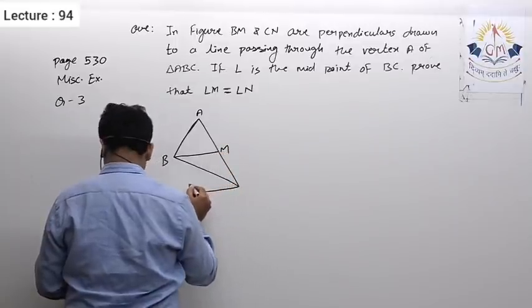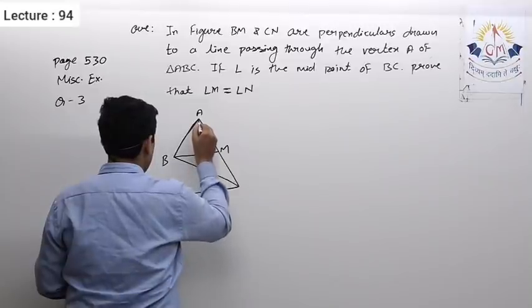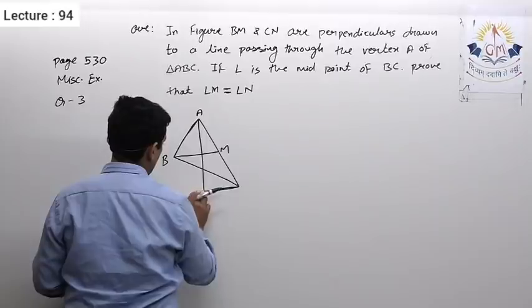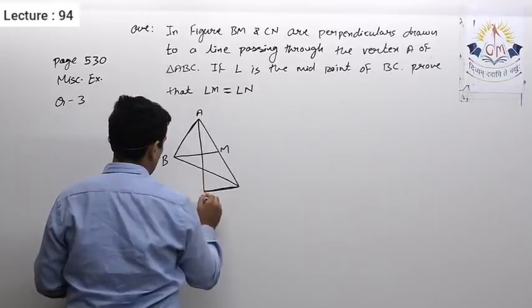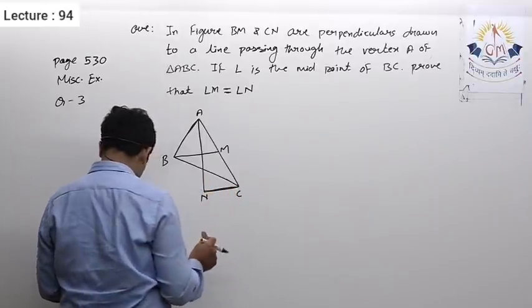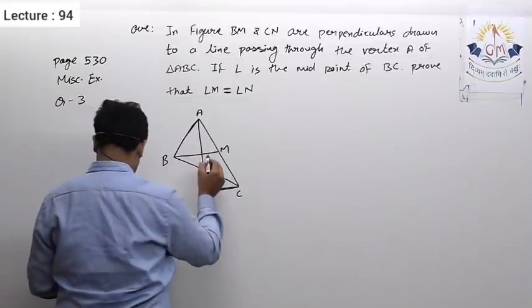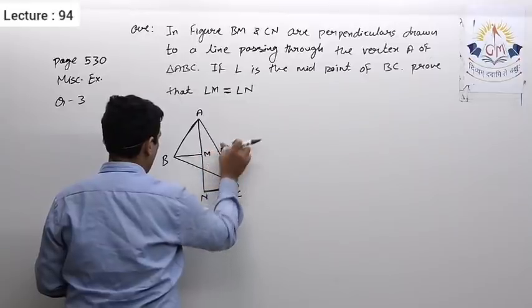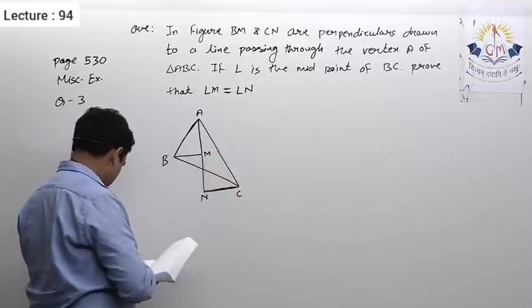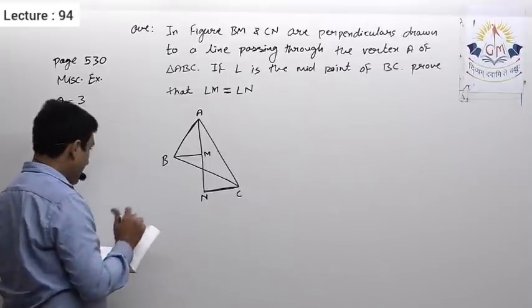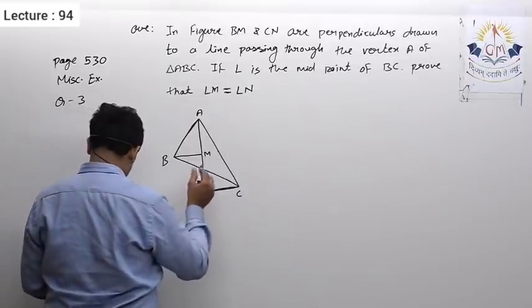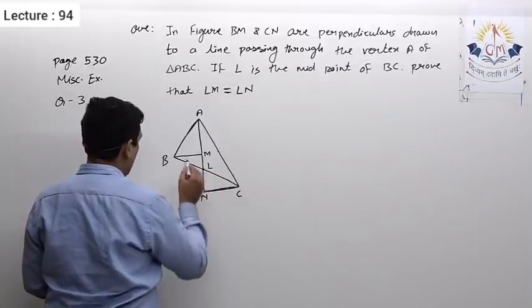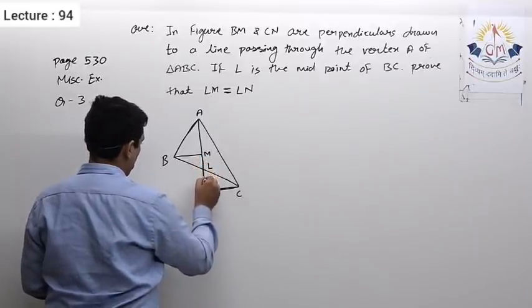In this way it is perpendicular. This point is M. L is midpoint of BC. You have to prove this LM is equal to this LN.